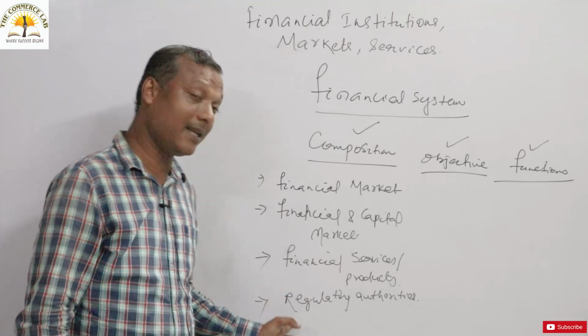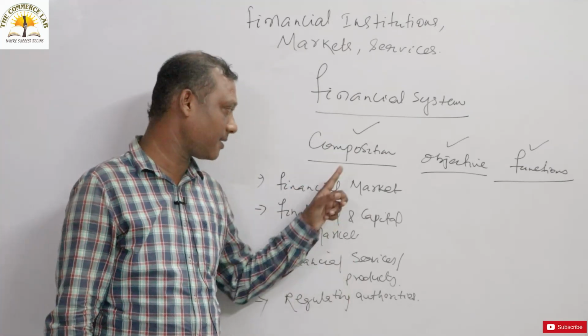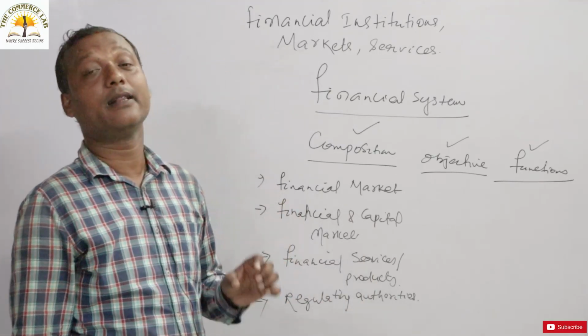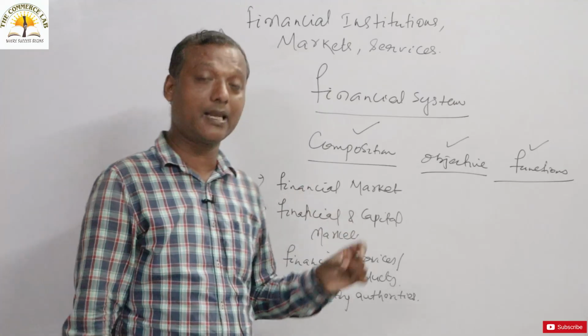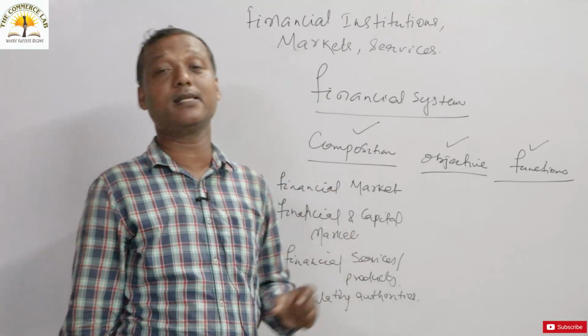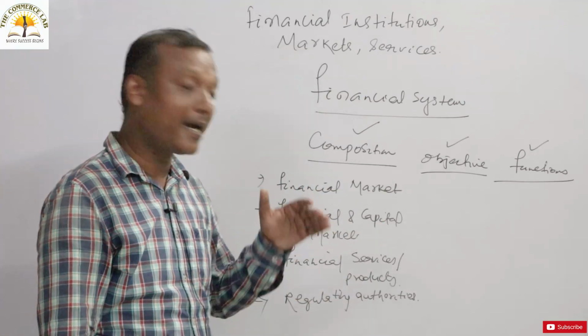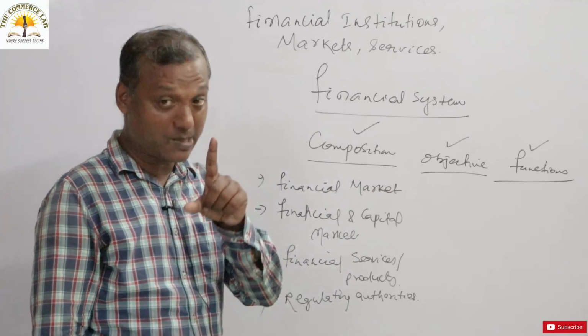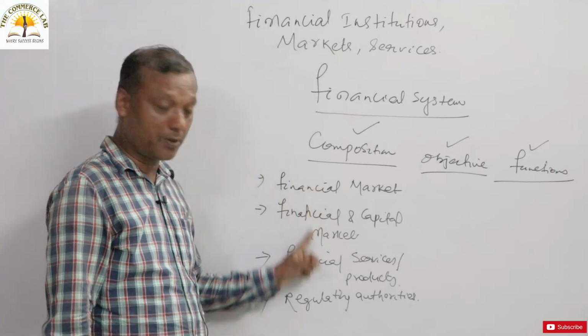That is why in the last part of the financial system, we have to study different regulating authorities. They will regulate, supervise and monitor the activities performed by the different financial and capital markets.